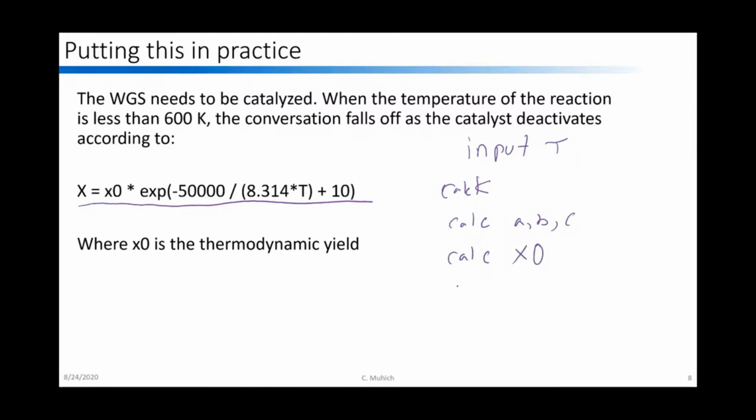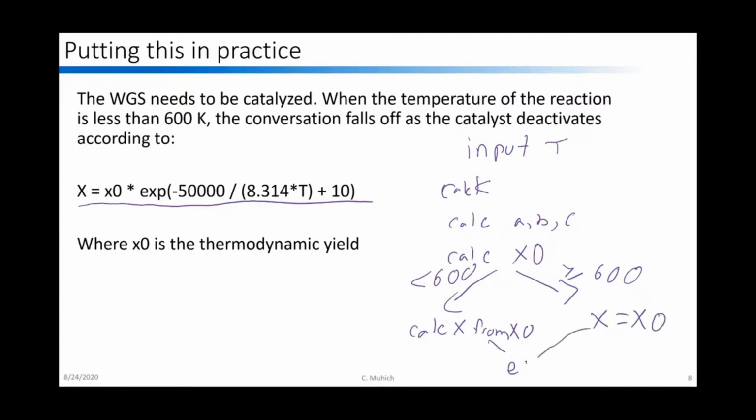But now we need something that's going to take x naught and branch it into two pieces: one where the temperature is less than 600, and one that's greater than or equal to 600. In the case of less than 600, we need to calculate x from x0. And in the case that we're greater than 600, we just set x equal to x0 and then end.